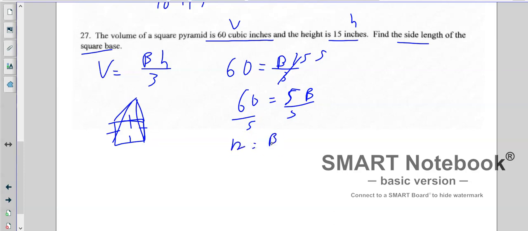Now, since it's a square, one way to write that is to say s squared, side squared. So we just square root this number and find out that one side is equal to 3.46 or 3.5 if it doesn't tell you where to round. And that's going to be inches. Okay.